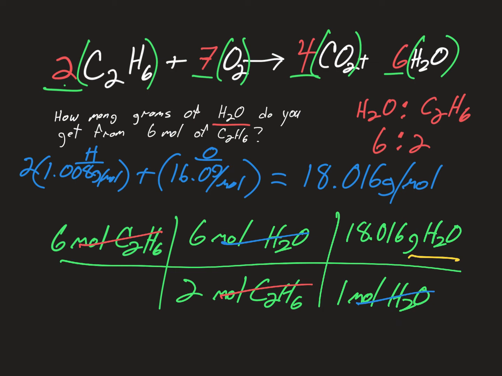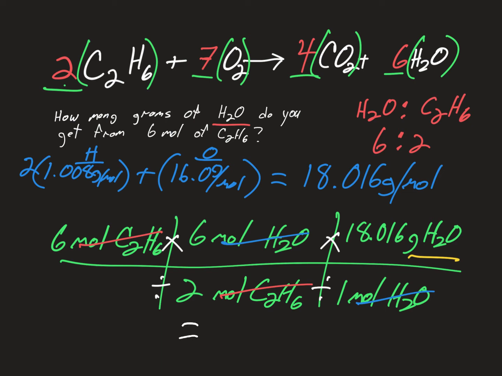as my unit, and I can just multiply everything that's on top and divide by everything that's on bottom. I don't actually have to divide by 1 because anything multiplied or divided by 1 is itself. So essentially I'm going to go 6 times 6 divided by 2 times 18.016.